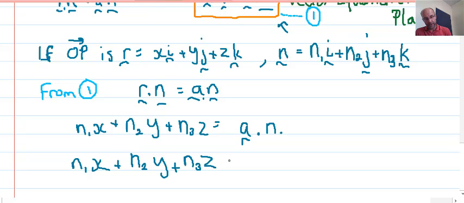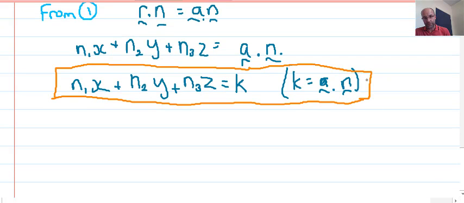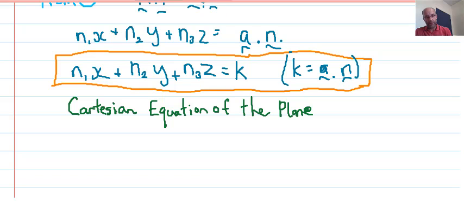The a dot n is called, referred to as k nominally, where k equals a dot n. So let's identify that. And by the way, if you're thinking parametric, we're not going to touch the parametric equations. They're not helpful for us at this point in the game. So there we have the Cartesian equation of the plane.